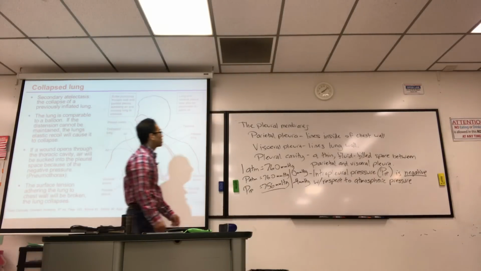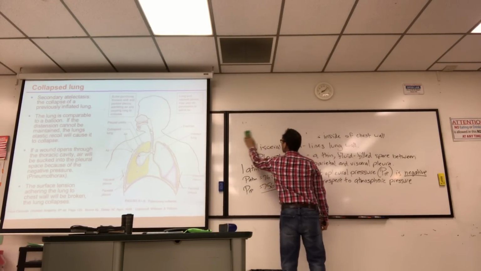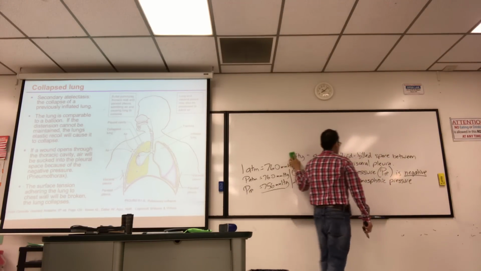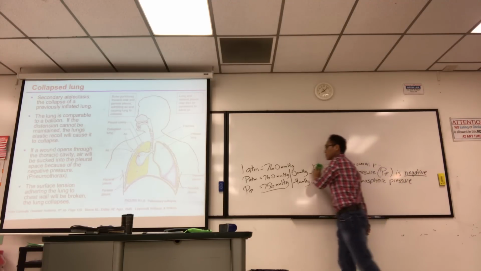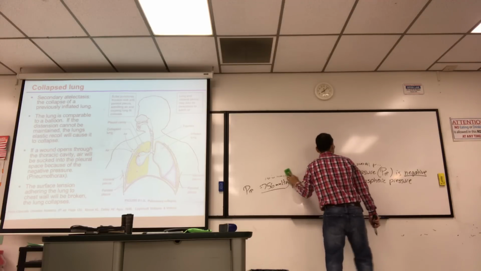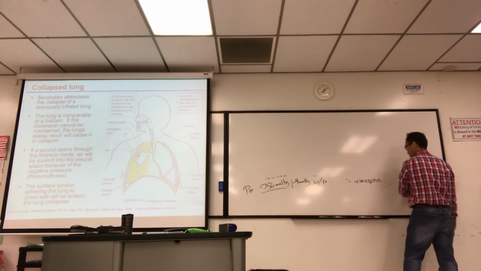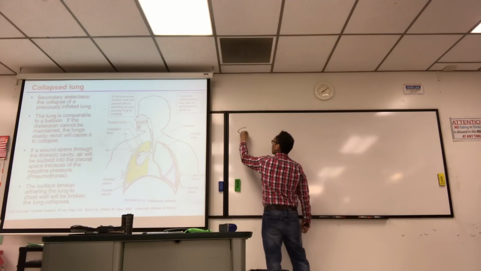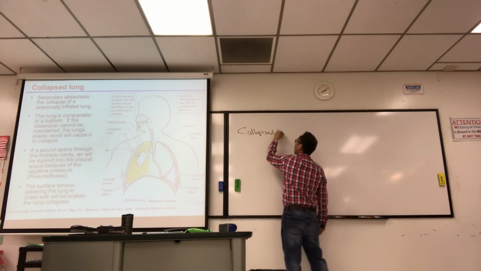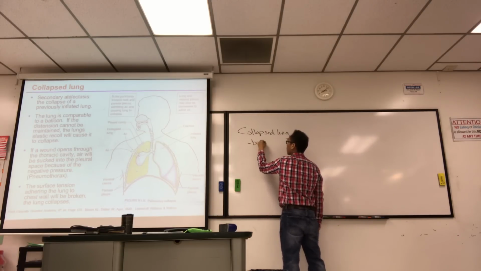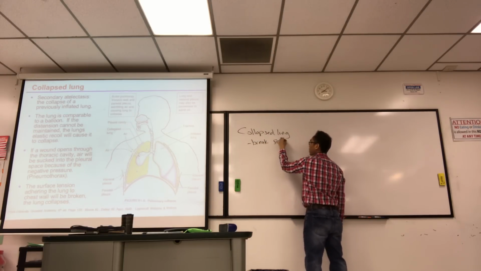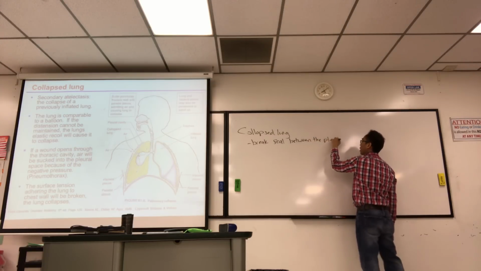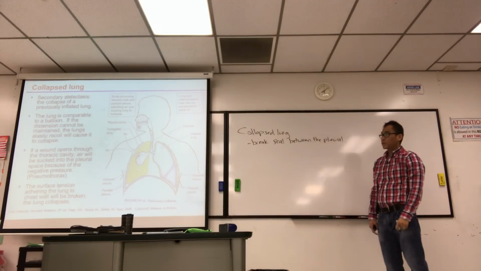So, basically you break the seal between the pleura due to an injury, bullet hole, knife wound.